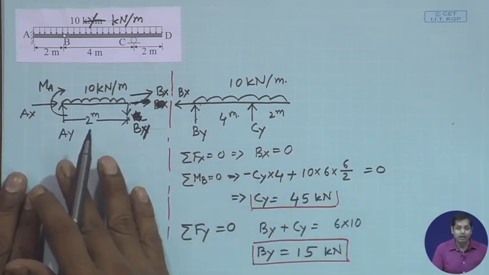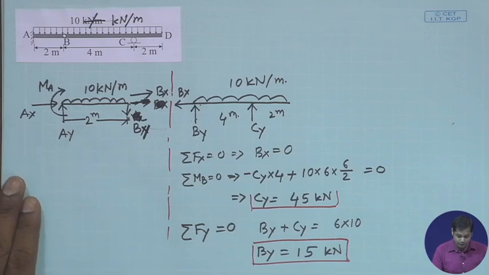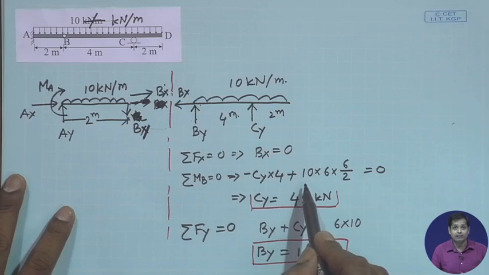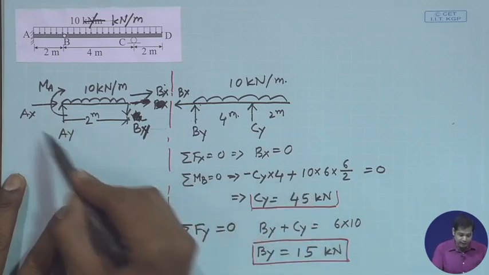Let us now come to this free body diagram. Bx is already determined here, By is already determined here. Only thing we need to determine is Ax and Ay.